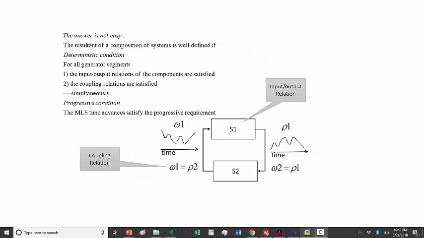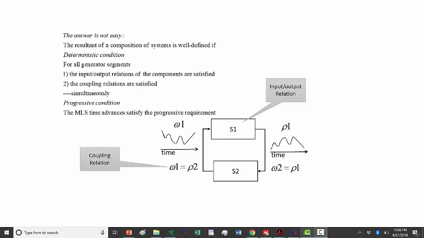So we see that the answer to the question of whether an assemblage of component systems is itself a well-defined system is not an easy one. We can say the resultant of such a composition is well-defined if two kinds of conditions hold, determinism and progressivity. For determinism, for all generator segments, the input-output relations of the components are satisfied and the coupling relations are satisfied all together, simultaneously.